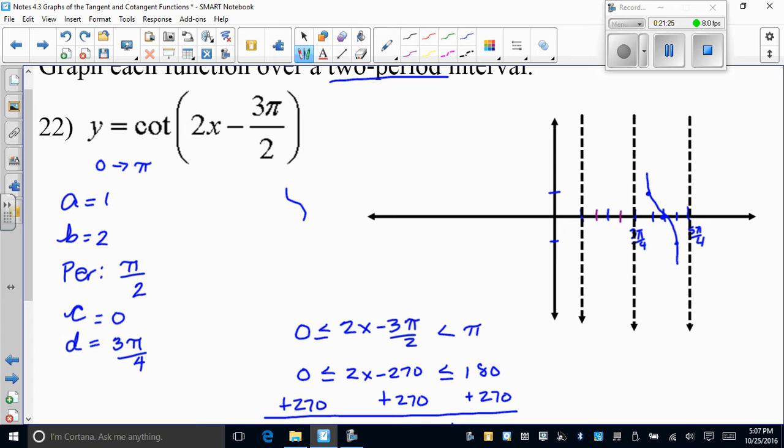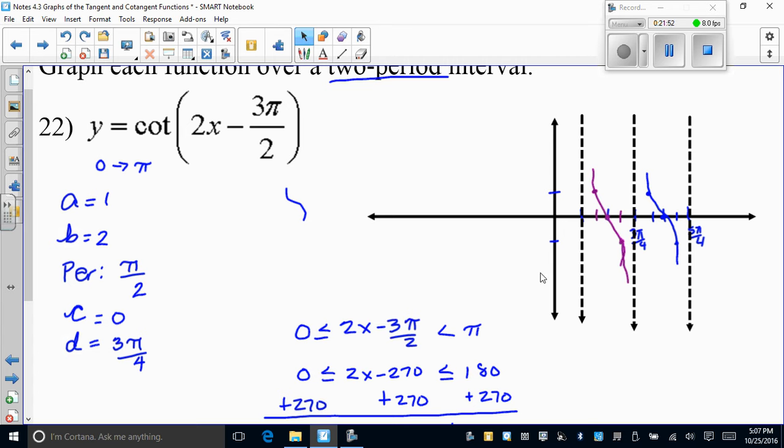Up to 1, 0, down to -1, and the graph is just going to continue repeating itself. Okay, that should be more of a straight line. But the graph is just going to continue down and repeat itself. I just have to identify the fact that all you're doing is continuously repeating what you've already done.